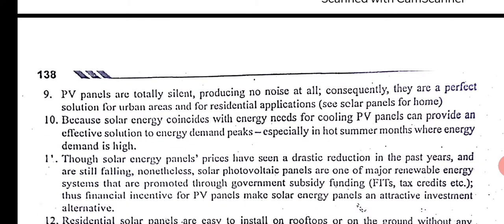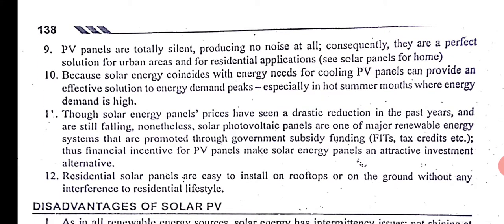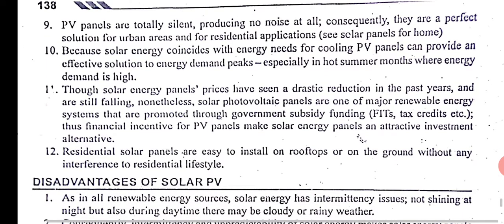Sun tracking means the solar photovoltaic films will change their positions as per the sun to absorb the maximum amount of energy and produce a large amount of electricity. And they are totally silent, no noise. If you start a generator, there will be noise, but in solar PV there is absolutely no noise. So you can put it in a city as well as for residential applications.